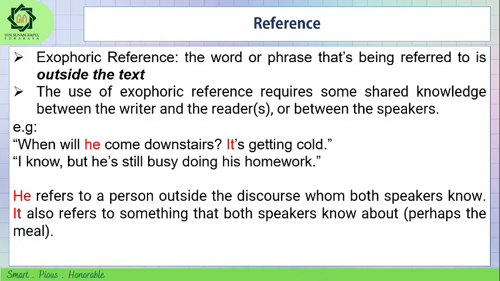And it also refers to something that both speakers know about. For example, it is the meal or the dinner, etc. So it is not seen clearly inside the text, but we know the reference outside the text.